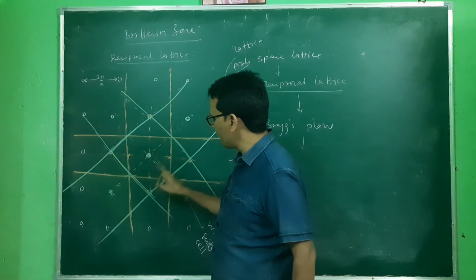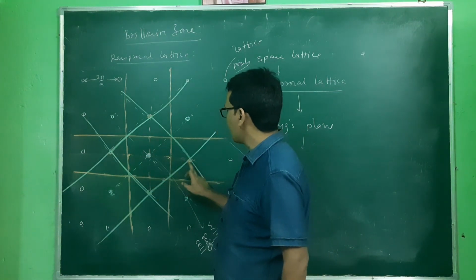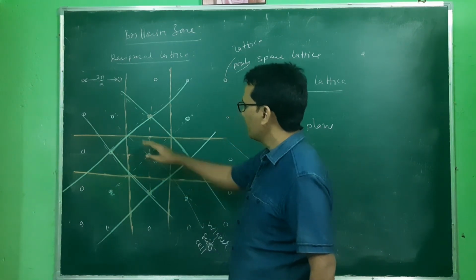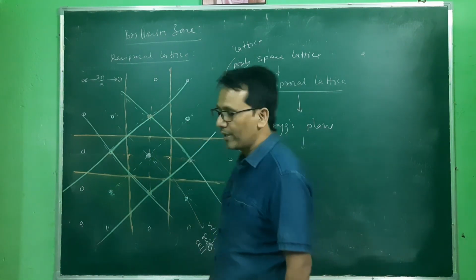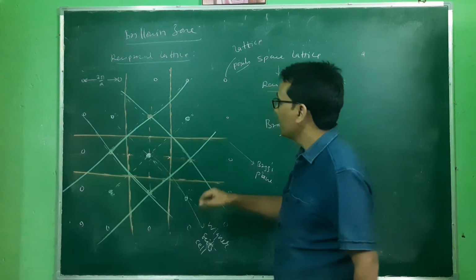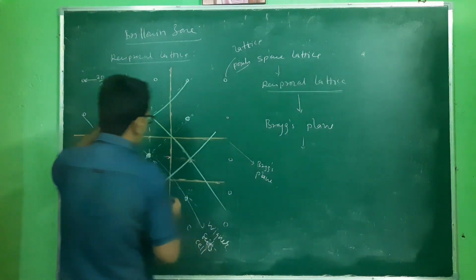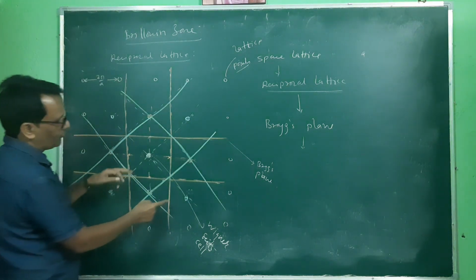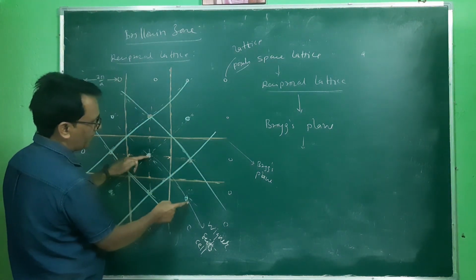These are one set of Bragg's planes, because the first neighboring atoms we have taken are these, and these Bragg's planes are just the bisectors of the lines joining to the nearest atoms. And the second set of Bragg's planes is this, because the second neighboring atoms we have taken are these.